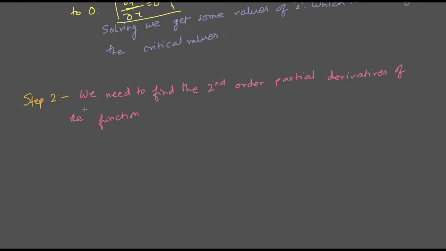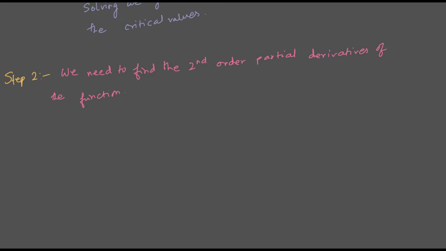Then we come back to step 2. In step 2, we need to find the second order partial derivatives of the function, del squared f by del x squared equals 0.